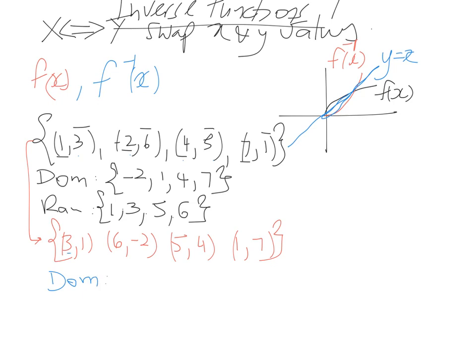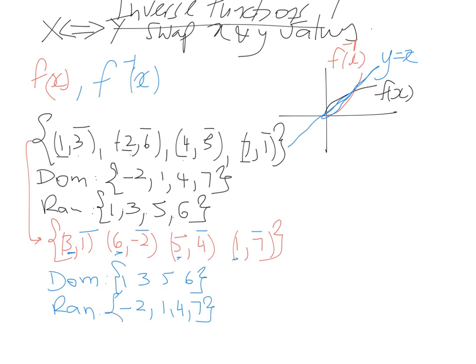Domain is x values: 3, 6, 5, and 1, so 1, 3, 5, 6. And our range will be our y values: 1, negative 2, 4, 7, so negative 2, 1, 4, 7.